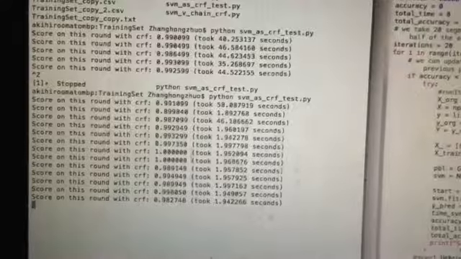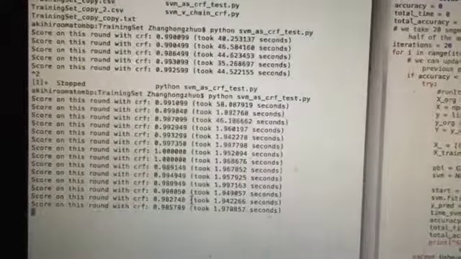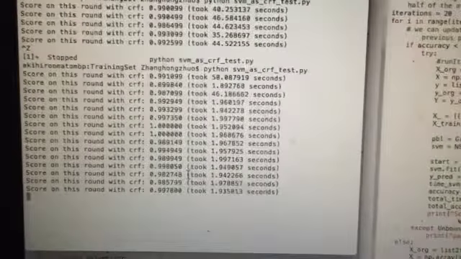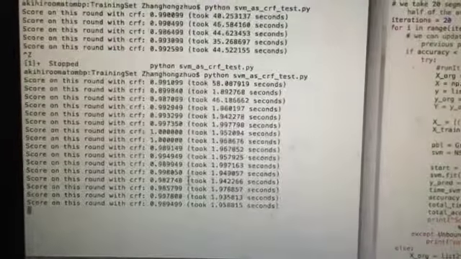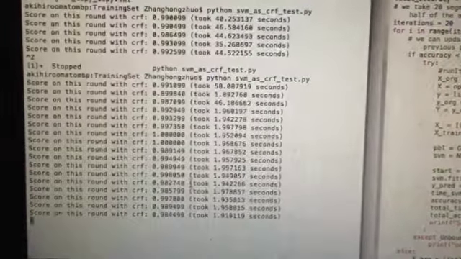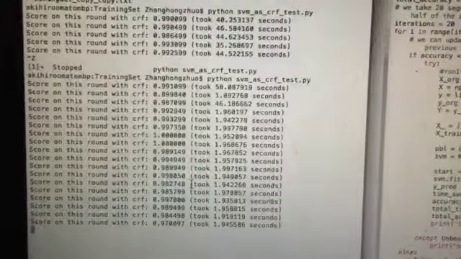And basically, there's no need to train again for a very long time period. That is where the extra time comes from.